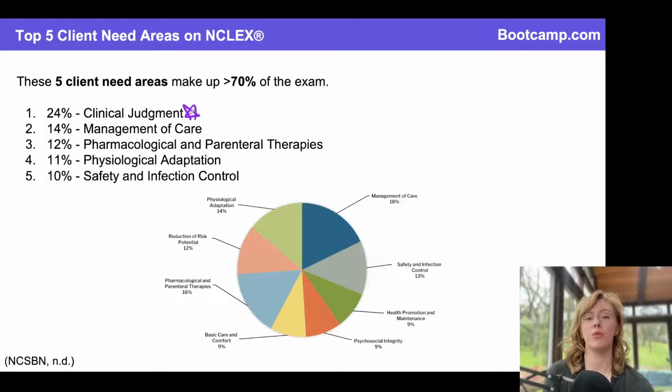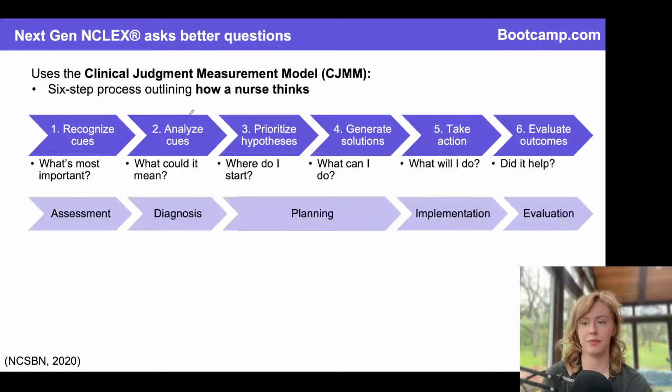And at Bootcamp, we really want you to study smarter, not harder, and so we're going to focus on the most important thing today. So the way that the NCLEX measures clinical judgment is using this 6-step clinical judgment measurement model. It's very simple. Basically, you've got a 6-question case study, and each question in the case study corresponds to one of these steps.